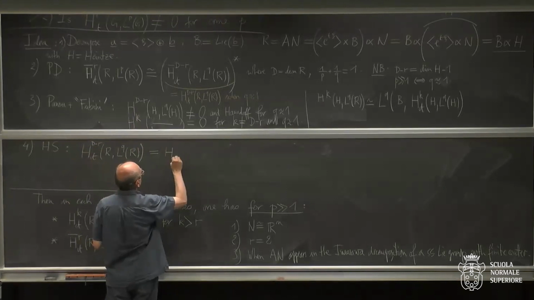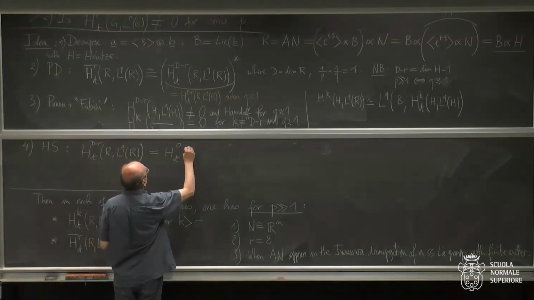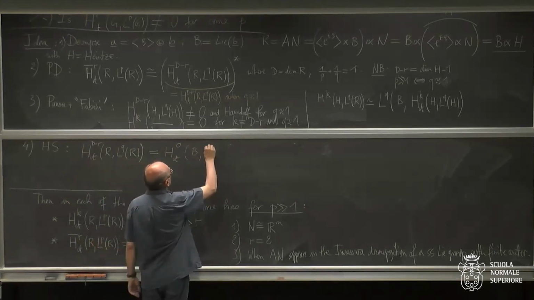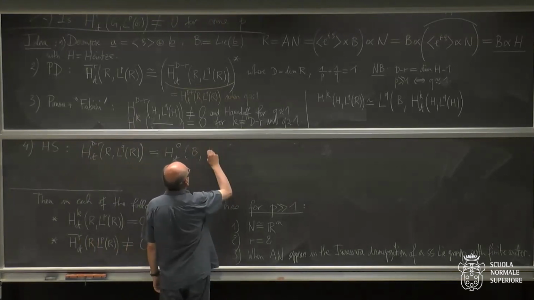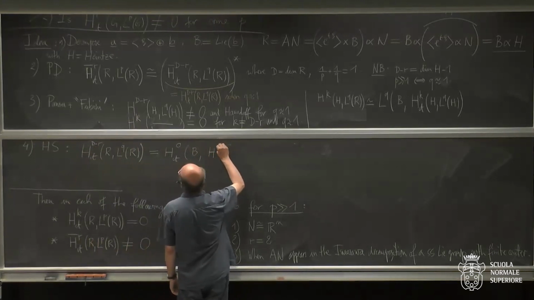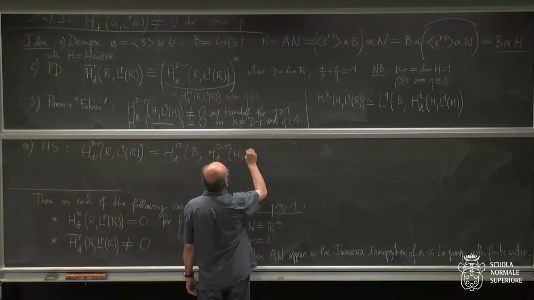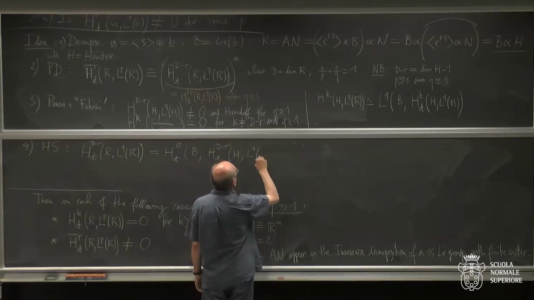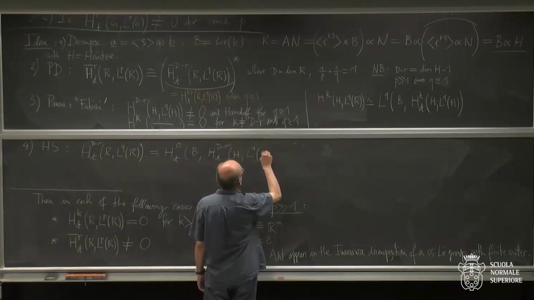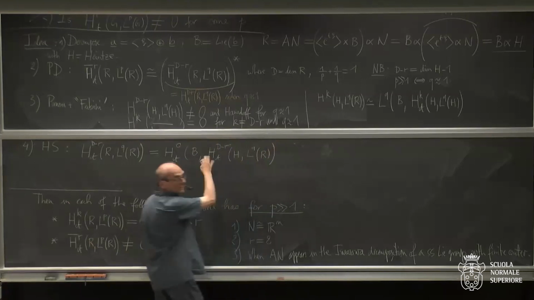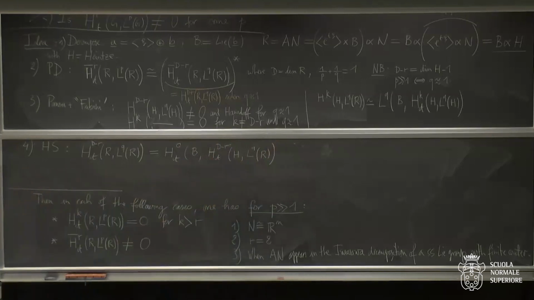So you will get the H0 of B with values in the cohomology in degree D minus R of H with values in LQ of R. Okay, so that's what the spectral sequence gives you.